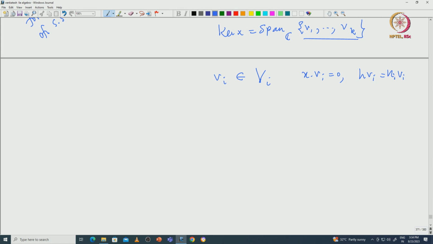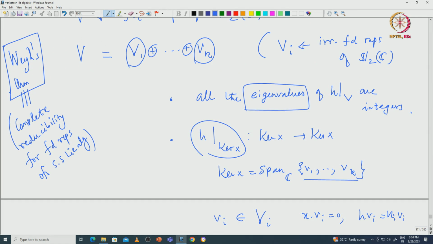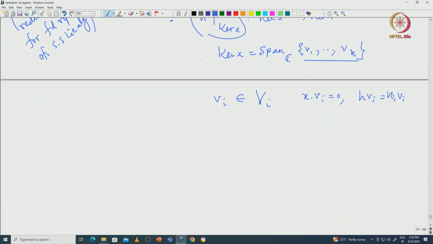Now we can also conclude something about the number of components that appear in this capital V. Let us say this K is the number of irreducible components that occur in capital V. One can wonder whether this K is unique or not with respect to capital V. Of course, we are going to conclude this K has a formula, and that formula also tells us that this is unique, but there are other ways to convince ourselves this K must be unique.